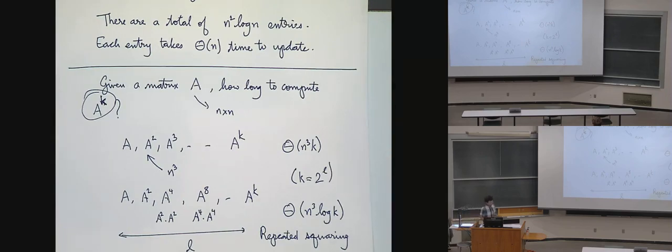And the question now is, can I do even better? This is where the Floyd-Warshall algorithm comes in. Let me make sure I have my notes in front of me so that I do it correctly.